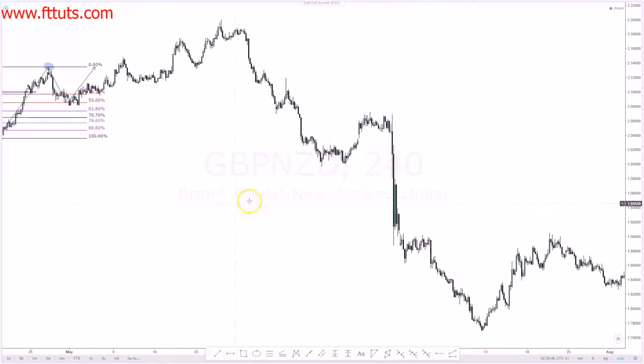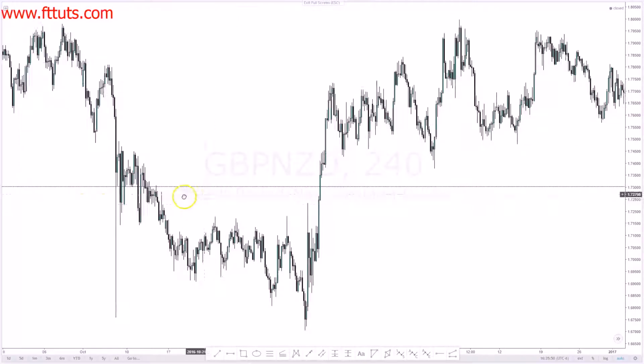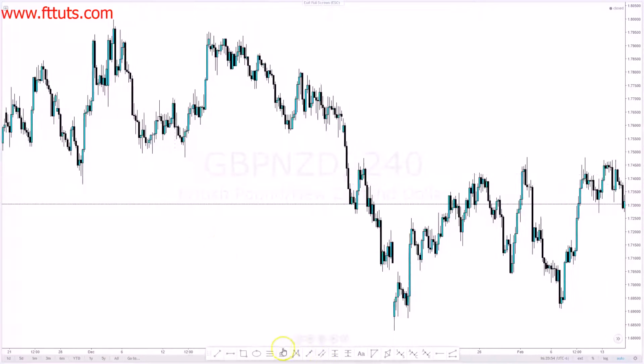Alright, so let me find another example, so not to confuse you guys, keep it very simple. Right here is a good example. So we have this relative high to relative low. Let's measure that out with the Fibonacci.